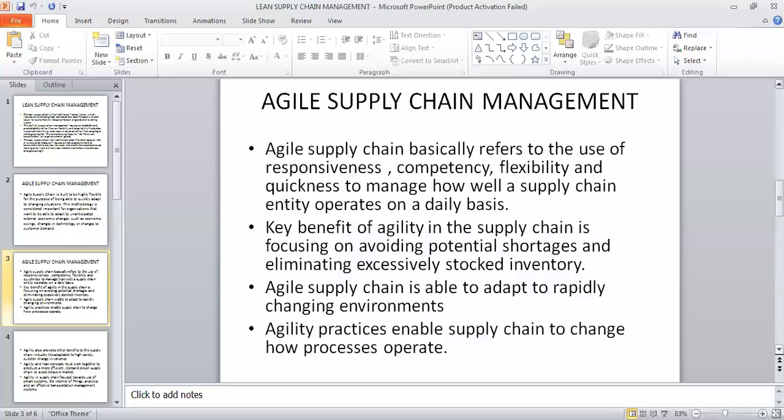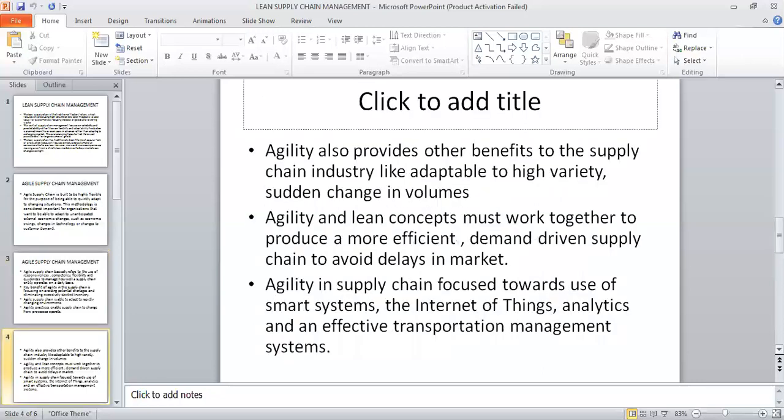No doubt the environment is very dynamic, and every external factor is very dynamic, so agility adapts to those changing factors. Agility practices enable the supply chain to change how processes operate. Agility also provides other benefits like high variety and sudden changes in volumes, which means we have to be quick in responding to the market.